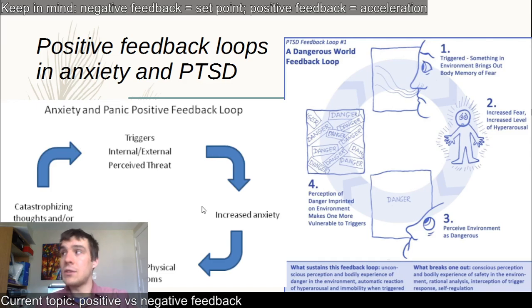To show this off, here's a positive feedback loop in anxiety or in PTSD. Basically what happens is something happens and your brain decides to trigger the anxiety response. That releases adrenaline and things like that. That adrenaline makes your heart rate go up, makes your breathing go faster, you start getting jittery.